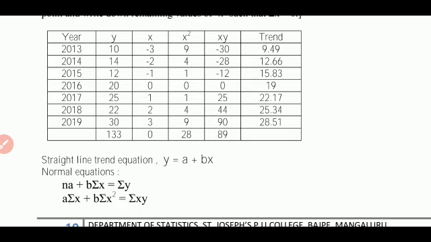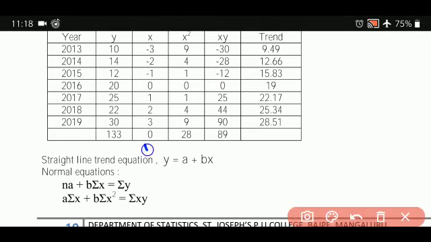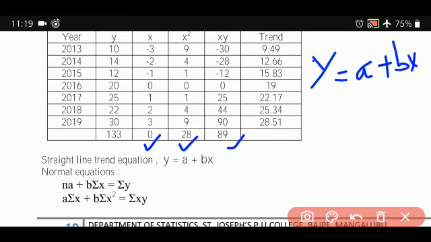Now what values have we got? We have got summation x as 0, summation x square as 28, summation xy is 89. Now what are the normal equations? How is the normal equation derived? This is our straight line equation, y is equal to a plus bx. Now to this y, I am going to make it summation y.